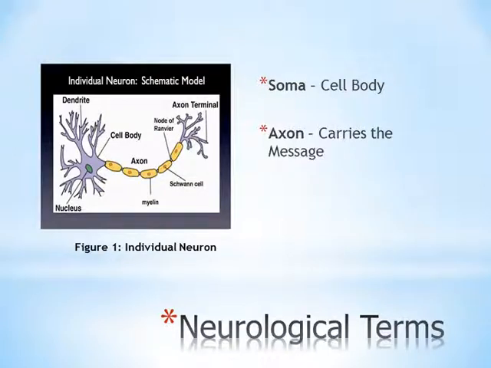The axon is the long portion of the nerve cell that carries messages away from the soma and to other neurons. Most but not all nerve cells contain an axon. When an axon is present within the neuron, there is never more than one.